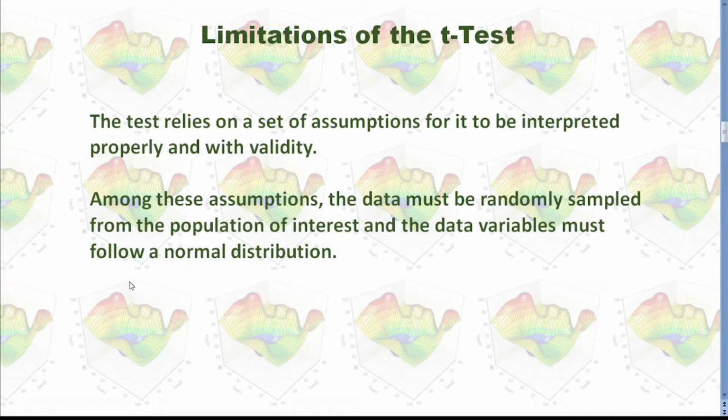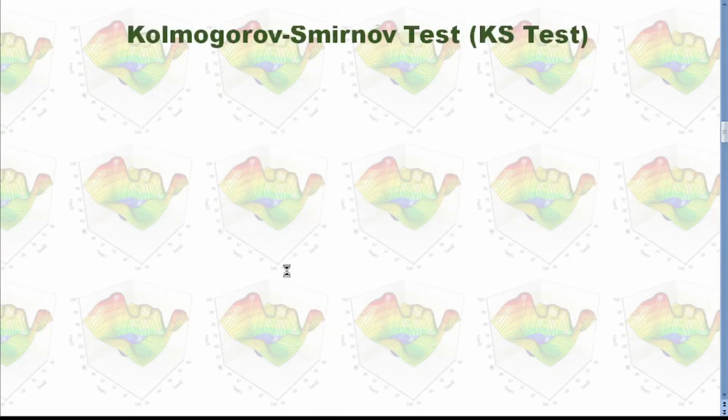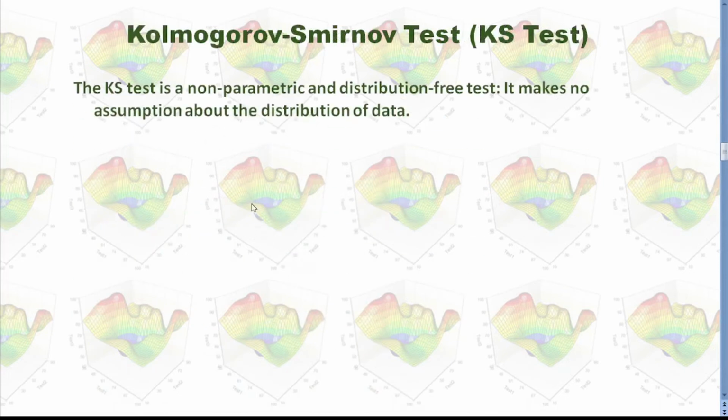Then we have the question: if the data don't follow a normal distribution, then what do you do? Then we can use KS test.